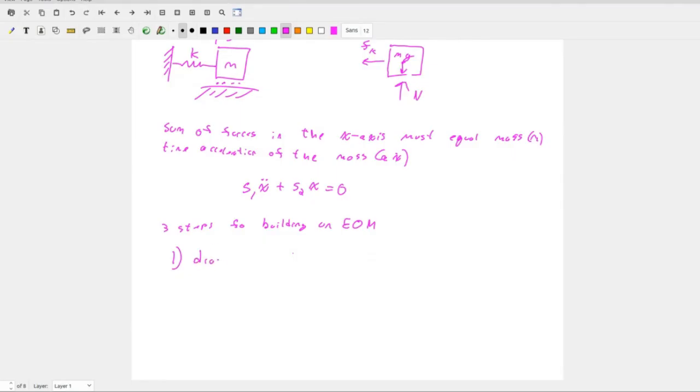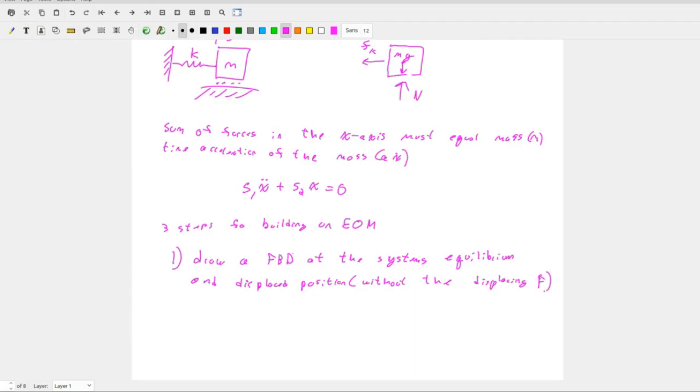Step 1 is draw a free body diagram at the system's equilibrium and displaced position, without the displacing force.